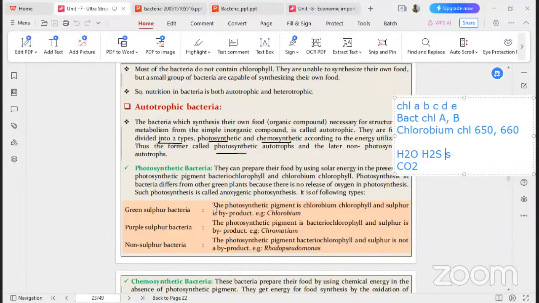There are three types: green sulfur bacteria, purple sulfur bacteria, and non-sulfur bacteria. In competitive exams, many questions ask which are the green sulfur bacteria and which are the photosynthetic bacteria: Chlorobium, Chromatium, Rhodopseudomonas.